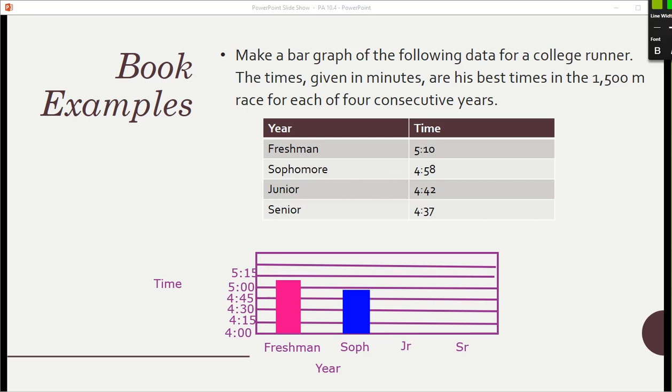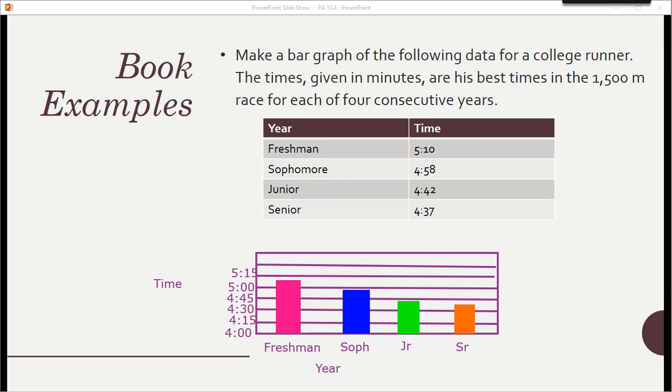Then for the junior year, 4 minutes, 42 seconds. And finally, for the senior year, 4 minutes, 37 seconds. Something like that.